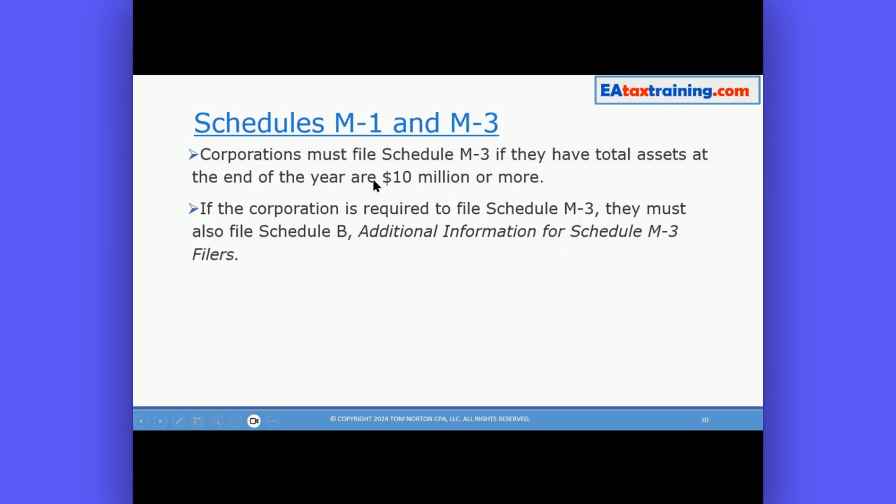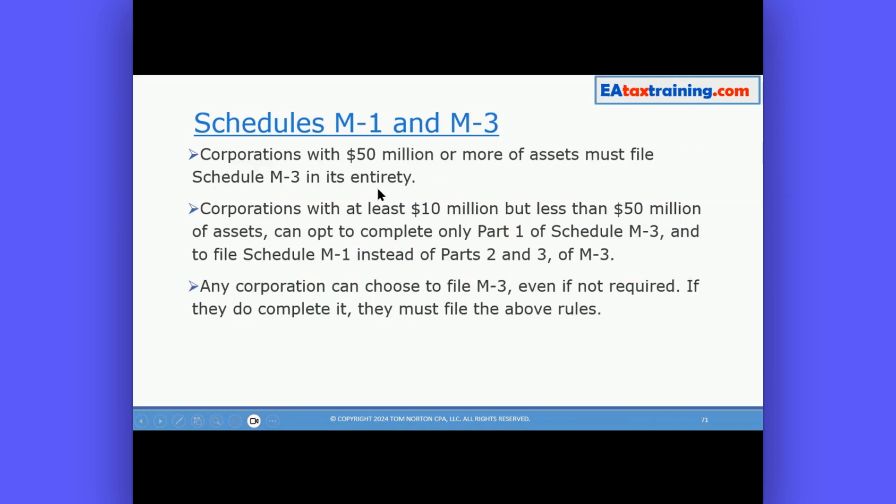Schedule M3, as we've seen before, must be filed if the corporation has total assets at the end of the year of $10 million or more. And if they are required to file Schedule M3, then they must also file Schedule B. Also, as we've seen before, corporations with $50 million or more of assets must file Schedule M3 in its entirety.